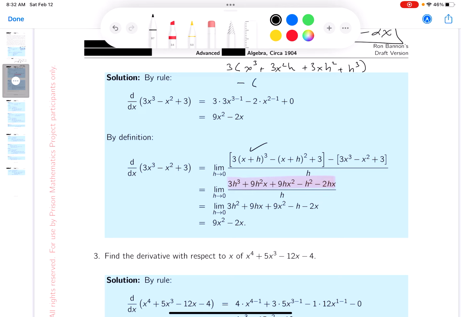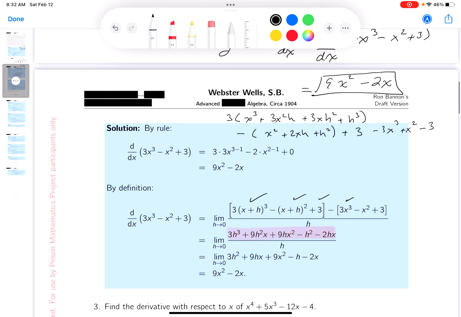Minus x squared plus 2xh plus h squared. That's not so bad either. Plus 3. I'm looking at it, and while I'm at it, I might as well write this down too: minus 3x cubed plus x squared minus 3.